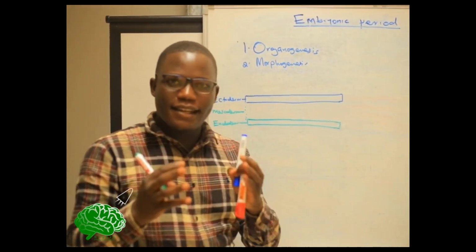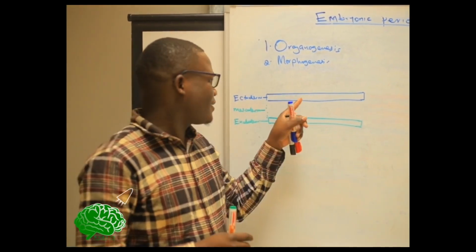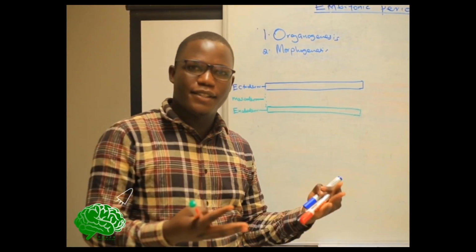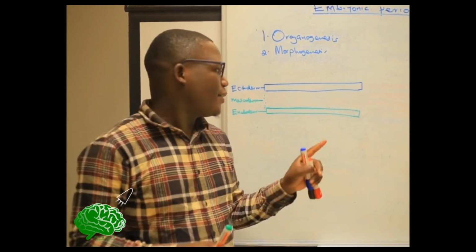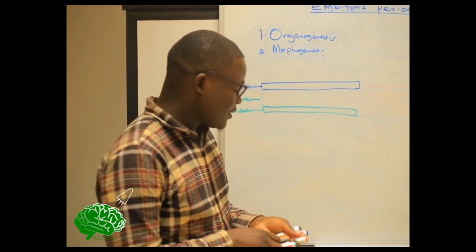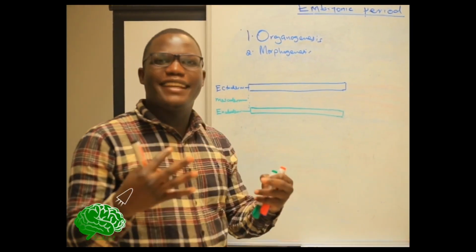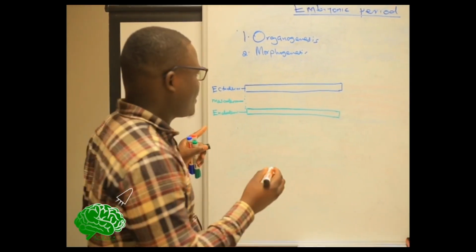Now in our discussion today, I'll be explaining what the ectodermal layer gives rise to, and then the derivatives of the mesoderm. Then finally, we shall end with the derivatives of the endoderm. It's important to note that the ectodermal layer normally differentiates to form two parts. What causes that?